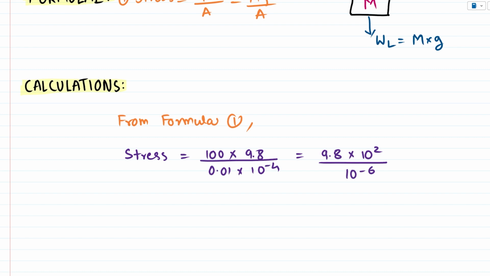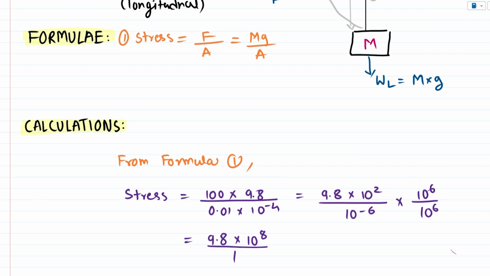Now, if we multiply by 10 raised to 6 and divide by 10 raised to 6 simultaneously, then हमारे पास effective term would be 9.8 into 10 raised to 2 into 10 raised to 6, that is 10 raised to 2 plus 6, 10 raised to 8, divided by 1, because 10 raised to minus 6 into 10 raised to 6 effectively cancels out each other and gives us 1.